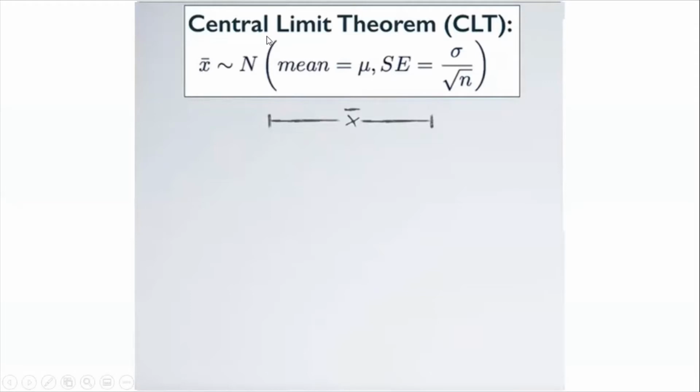Based on the sampling distribution and the central limit theorem, our sample mean has a normal distribution, with a mean approximately equal to the population mean, and a standard error equal to the standard deviation divided by the square root of the sample size. This is based on the sampling distribution we discussed yesterday.